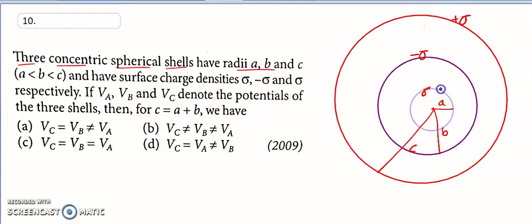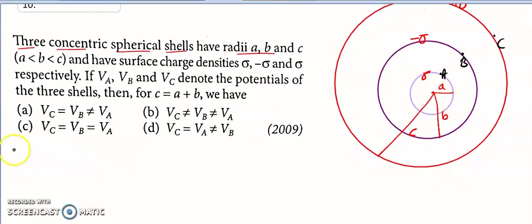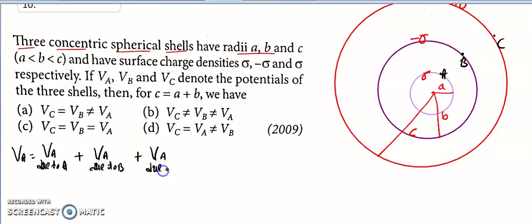You have to find the relationship between the potentials at A, B and C. First, find the potential at A. Potential at A is equal to potential at A due to A, plus potential at A due to B, plus potential at A due to C. Potential at A due to A is on the surface.